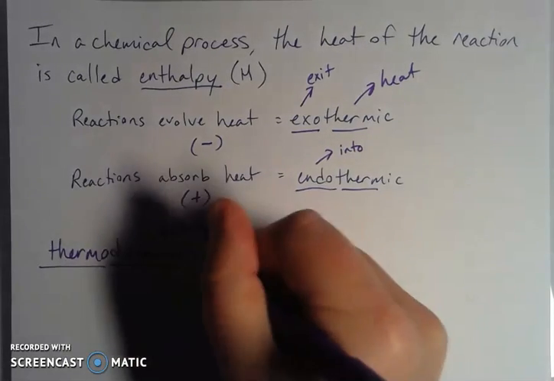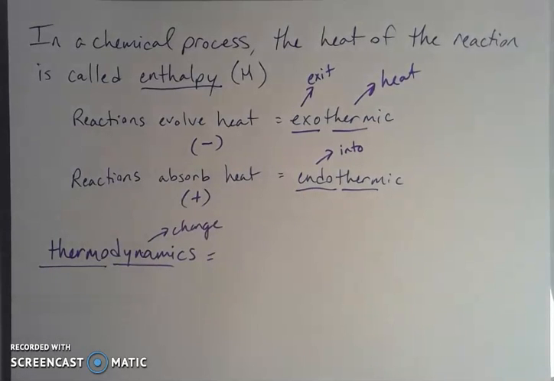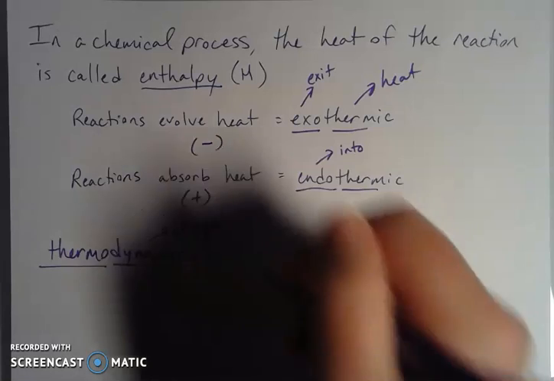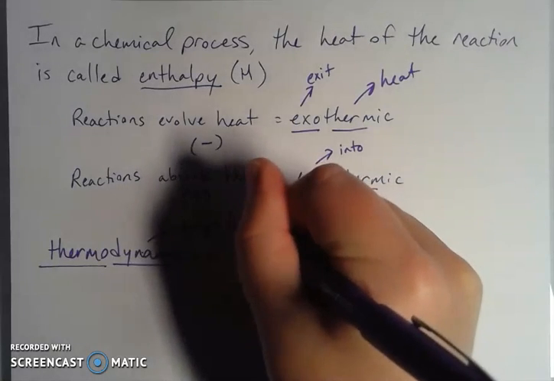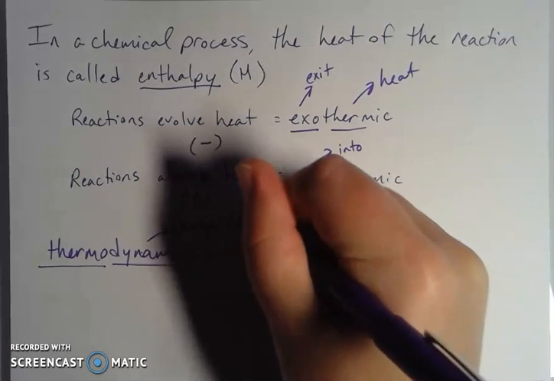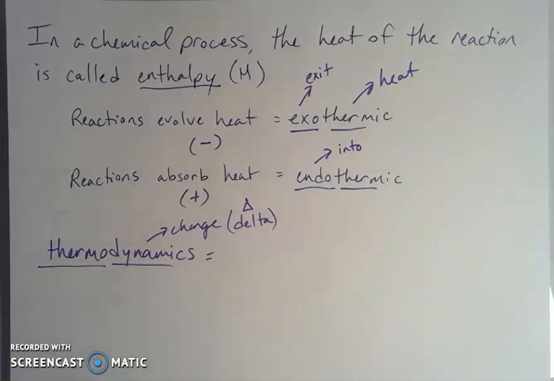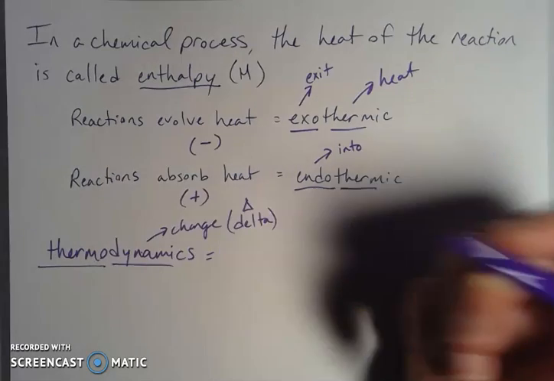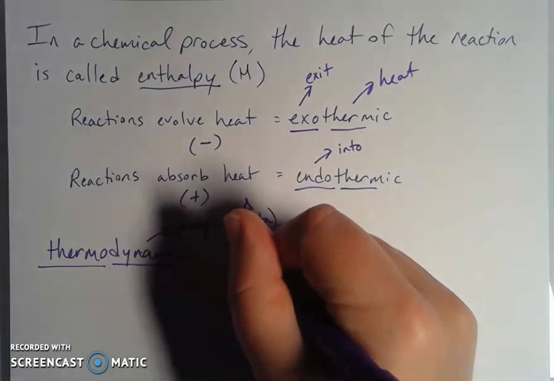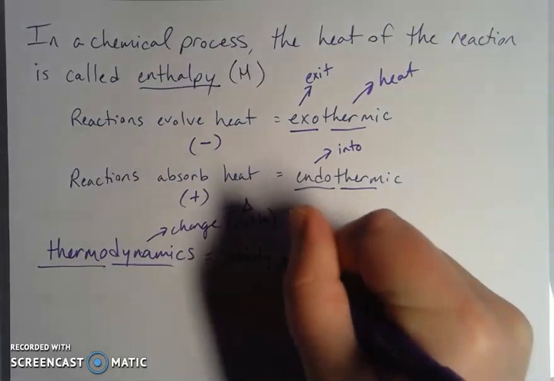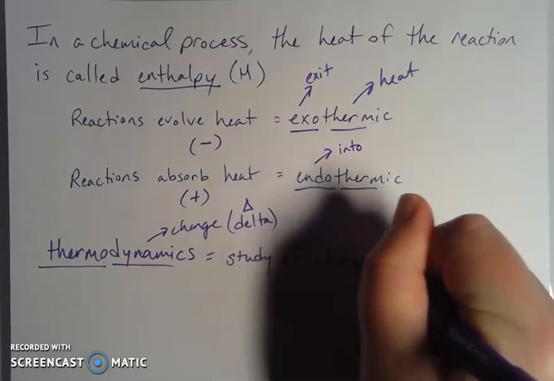So when we're talking about thermodynamics in terms of a field of study, we're looking at the changing energy from a system into surroundings or over time or any of those kinds of things. So when we're thinking about change, that's our delta. So we usually talk in terms of kind of our Greek delta, which is that sort of triangle looking symbol that indicates change. So we're looking at a difference in states. So thermodynamics just in general is the study of changing energy.